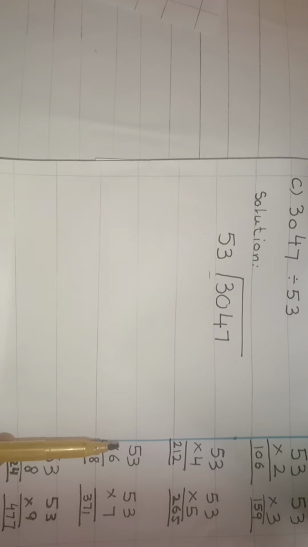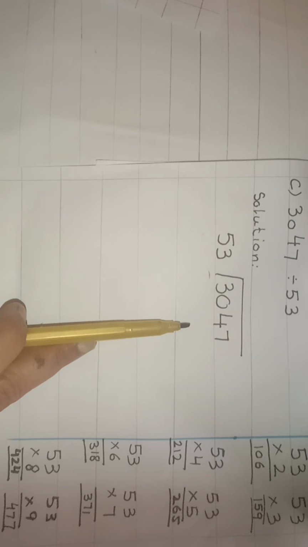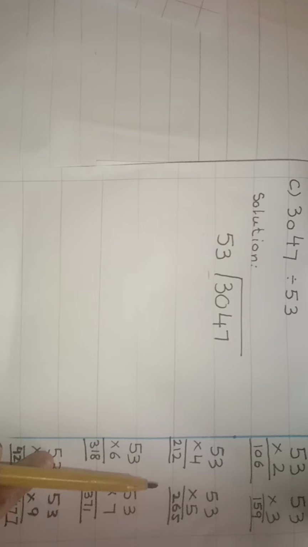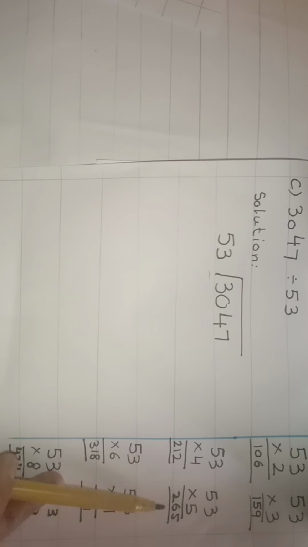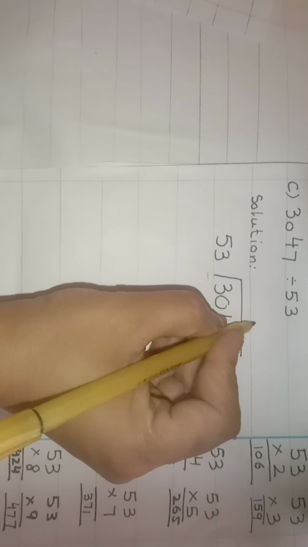You can see that 53 sixes are 318, which is greater than 304. So we will do it with 5. 53 fives are 265.